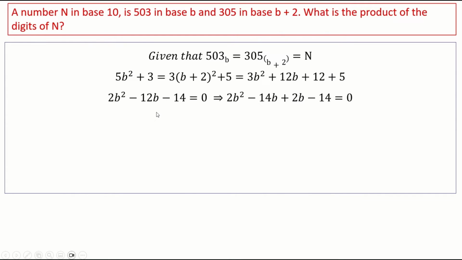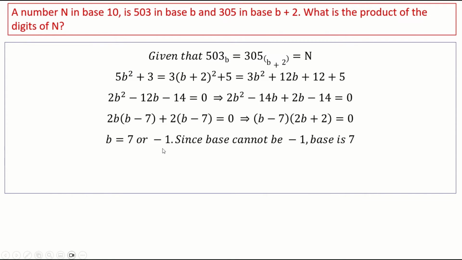You simplify it and get this quadratic equation. If you factorize it, you will get (b minus 7) into (2b plus 2). So b will be either 7 or minus 1.